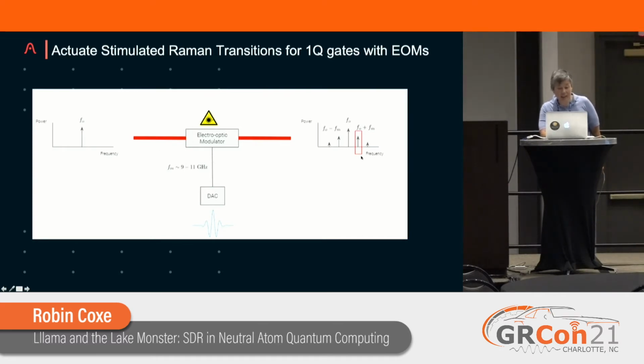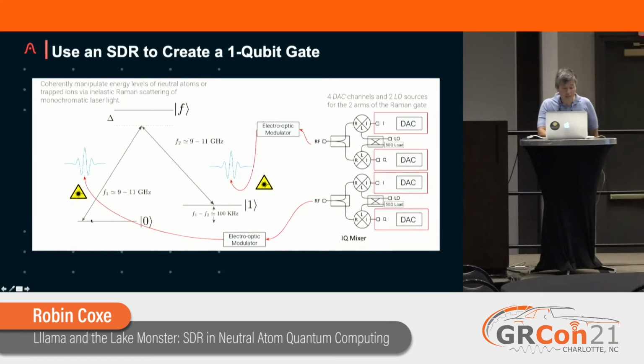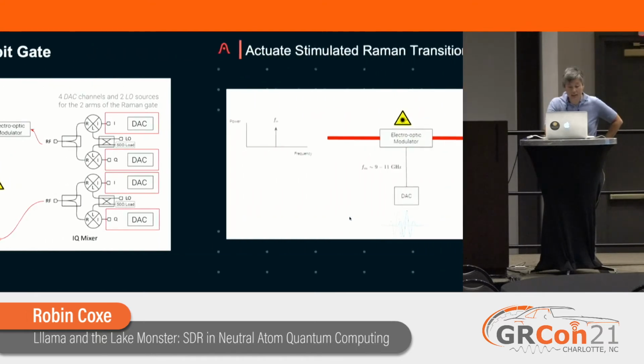In the frequency domain, it gives the frequency kick that's necessary to bump these atoms to the virtual excited state and back down again. In practice, we're using the Xilinx RFSoC, which has a maximum output frequency of 6 gigahertz. We need external mixers, and we have 2 laser beams, so that's 4 DAC channels.